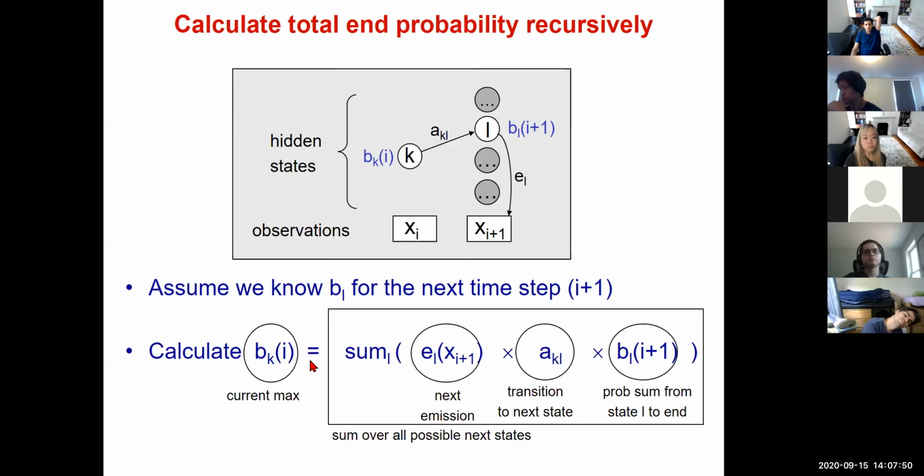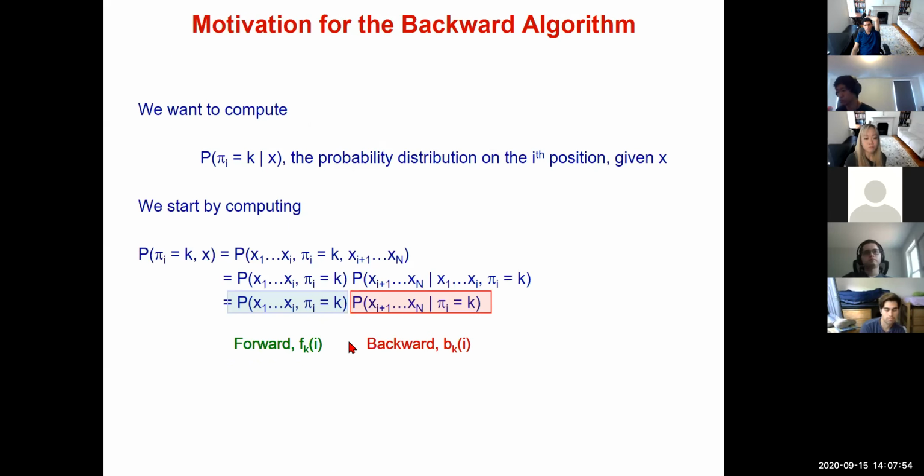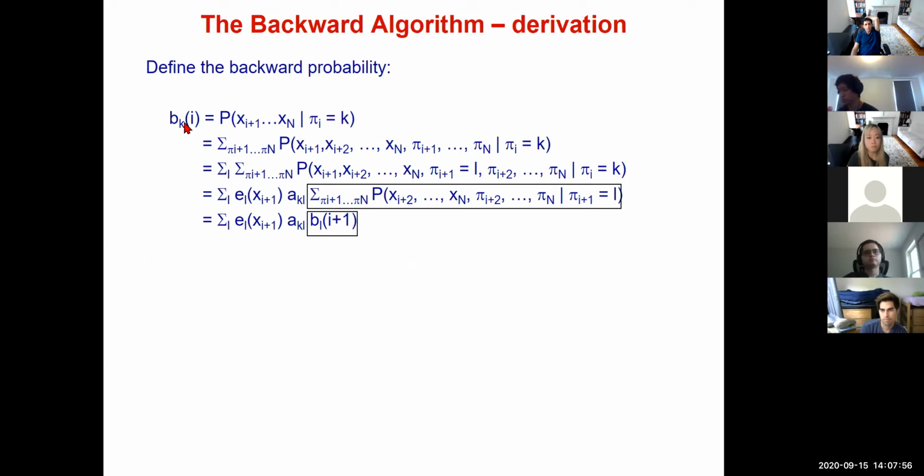And then when they meet in the middle, that's when I can calculate that. So the backward algorithm can be expressed as a function of itself, and we can infer the backward algorithm at position i as a function of all of the backward algorithms at position i plus 1. And notice that we're moving backwards now. We're calculating the lower index as a function of the higher index.